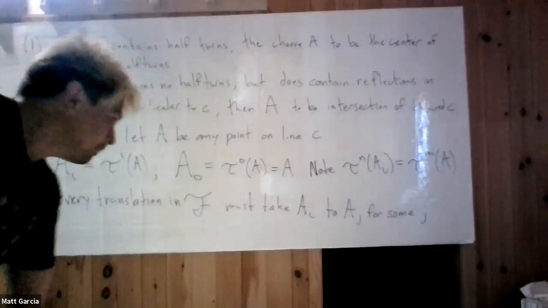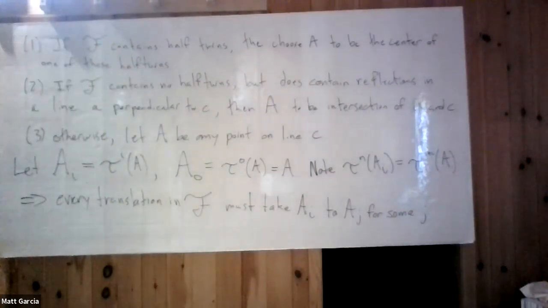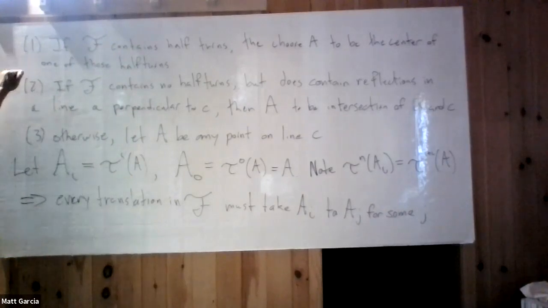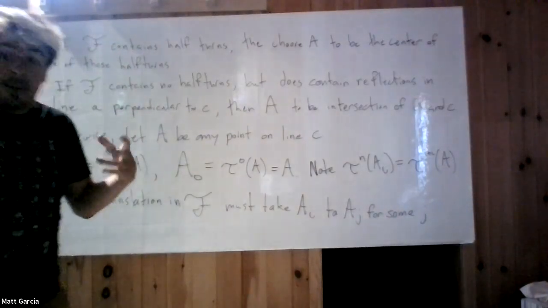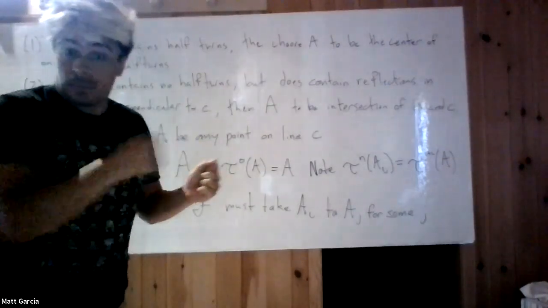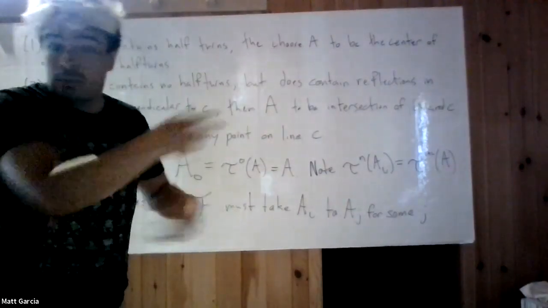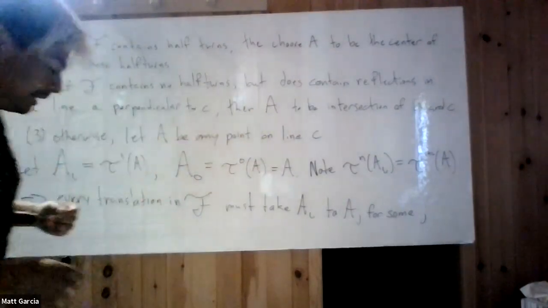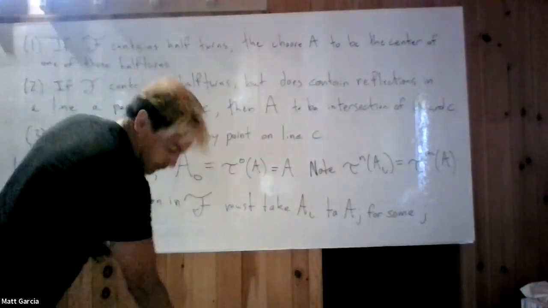That is to say, once I've made this choice of a point on the line C, all my translations in F just permute those points. You just move each of them around, depending on what the translation is.